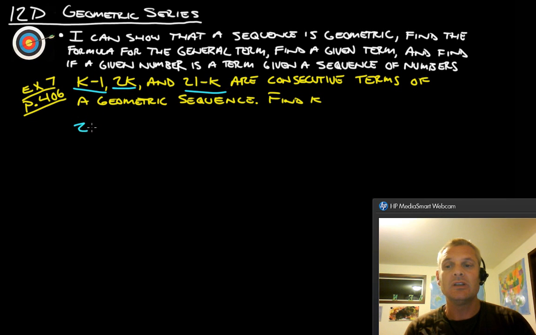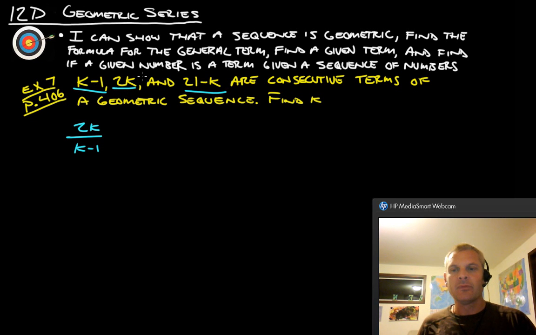So let's take 2k over k minus 1. We take this divided by that, and that finds our multiplier. We also need to multiply the 2k times the multiplier to get 21 minus k.